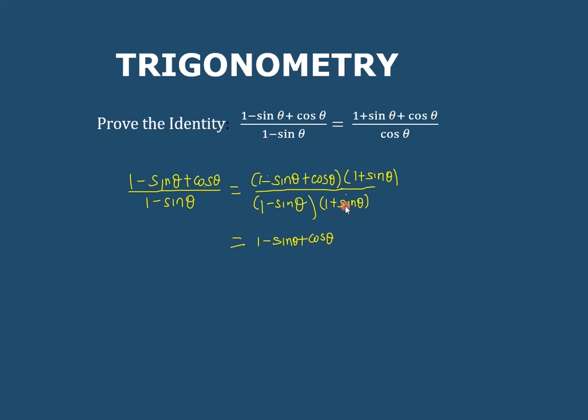That is upon multiplying 1 by everything. Then multiply sine by everything. 1 times sine, that will get us sine theta. Then sine theta times sine theta, but we have a negative there. That one is sine theta squared.